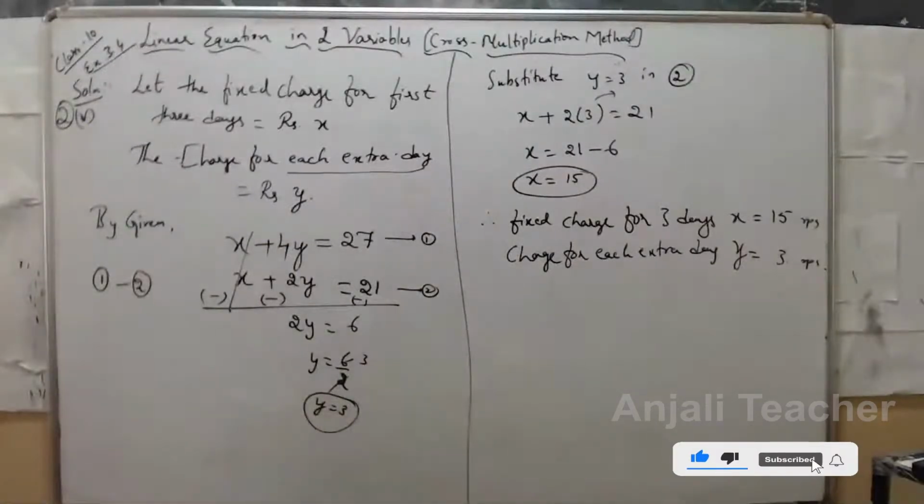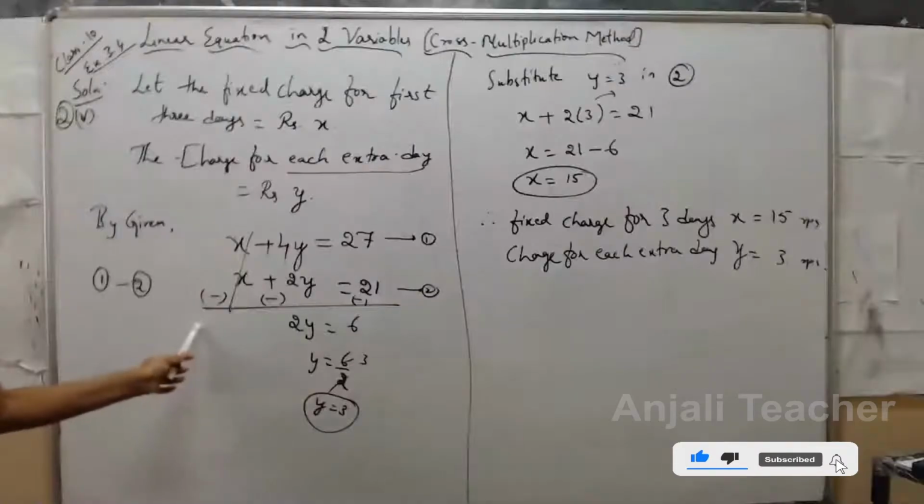Take next, the cross multiplication method. See here, there is nothing to do. There is a formula. Did you understand this?